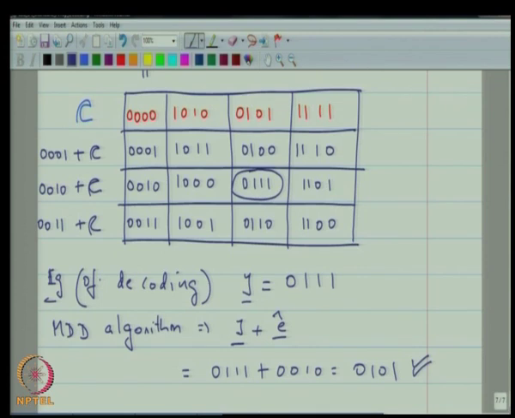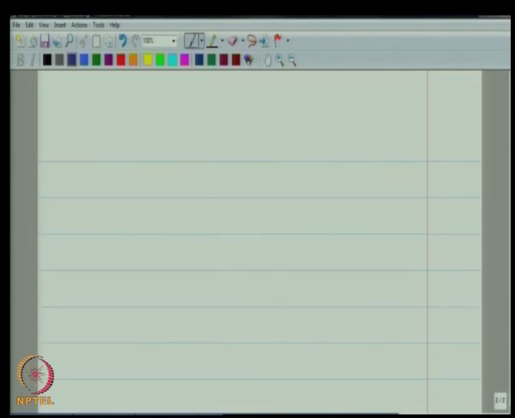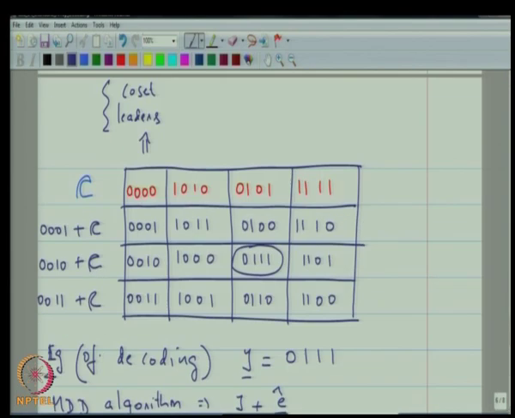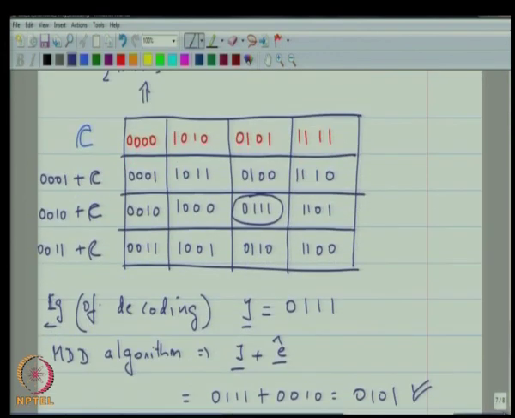All right. Now, there is a further concept that we are going to bring in. Now, you notice that this vector e hat over here that we added to the received vector was a function only of the coset to which y belongs.